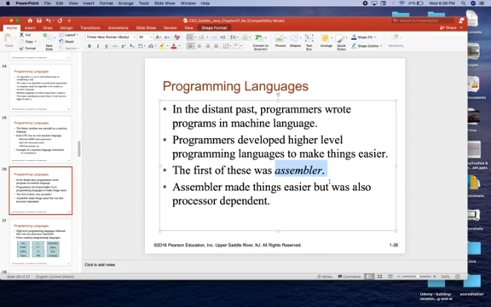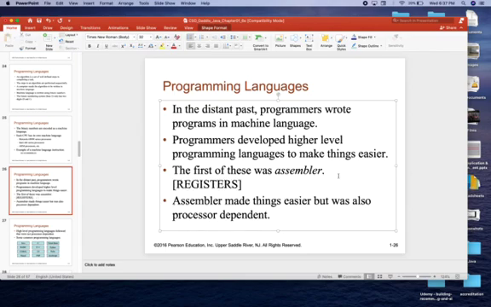However, it is classified as a low level programming language. It works more directly with what we call registers. In the introduction, I mentioned that the CPU contains some number of registers. So when you are using the assembler in writing instructions, you are dealing directly with the hardware resources, specifically with the registers in the CPU.